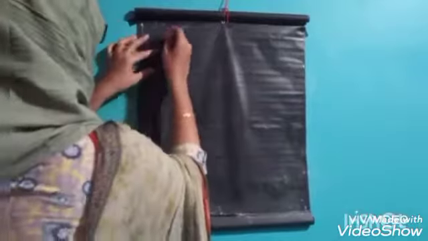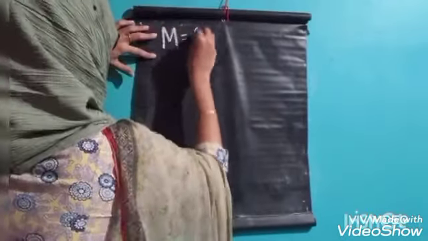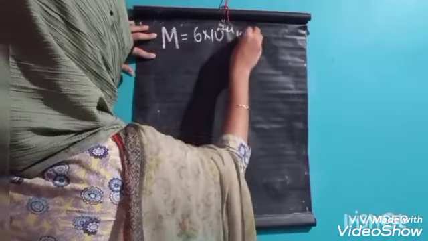The mass of earth can be taken as capital M, 6 into 10 raised to 24 kilogram.